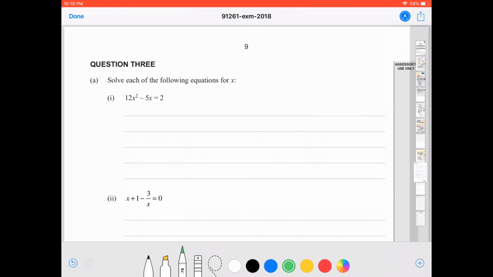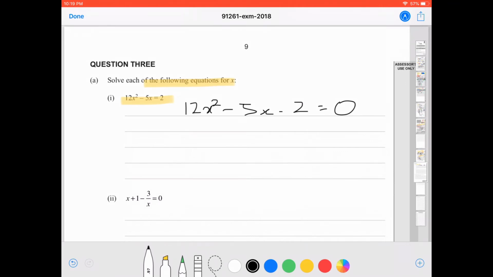It says solve each of the following equations for x. The first one here is 12x squared minus 5x equals 2. Straight away, let's bring this 2 to the left-hand side. It becomes minus 2, equals 0. We could spend the time factorizing this. A value is greater than 1, it's 12.